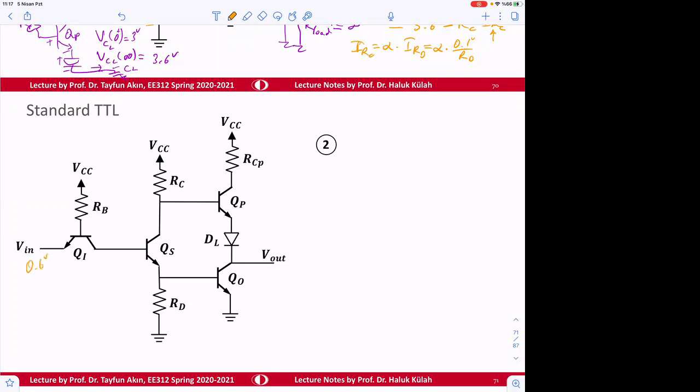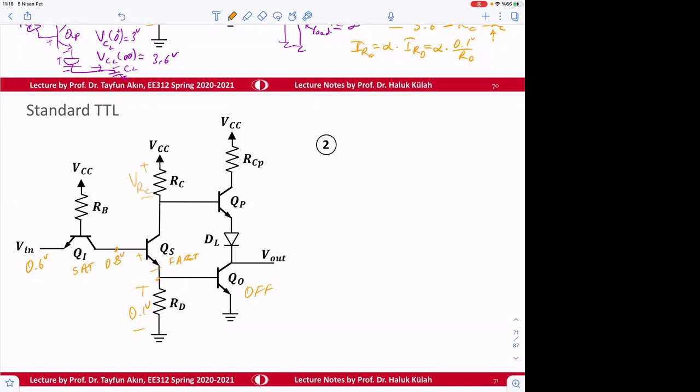This is 0.6 volts, and this becomes SAT still, and then this is going to be 0.8 volts. So this will be in forward active, and then this will be 0.1 volt, and this will be off.